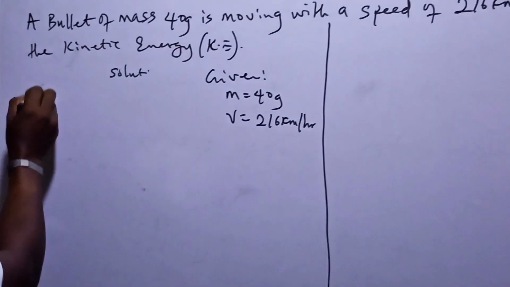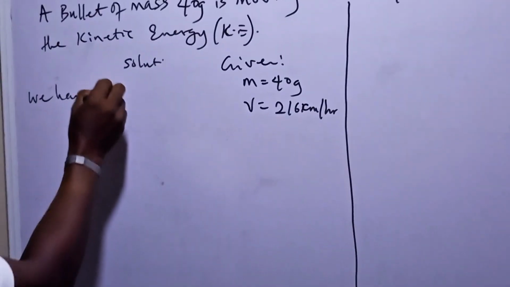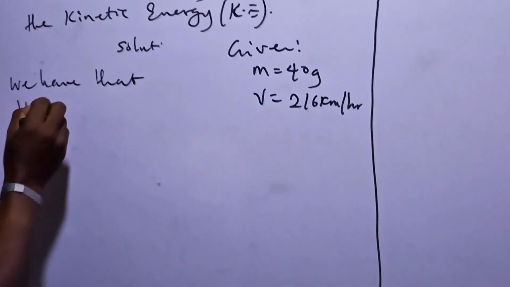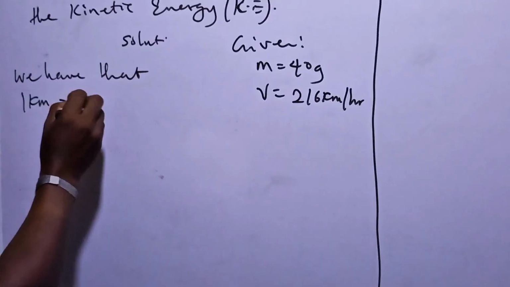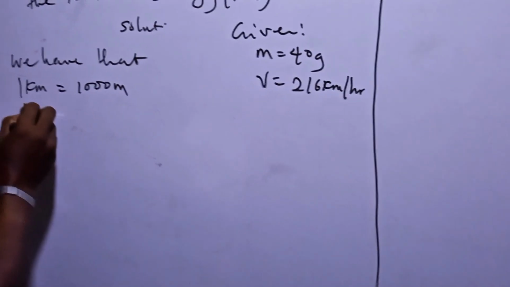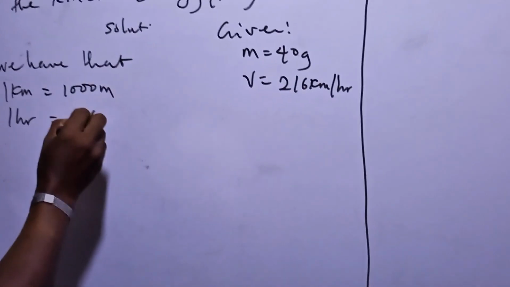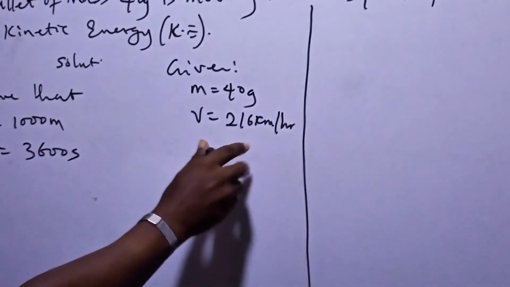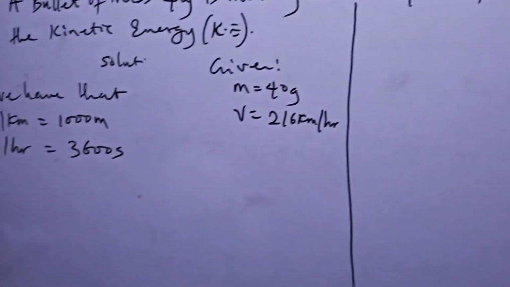Now, we have that 1 kilometer is equal to 1000 meters. We also have that 1 hour is equal to 3600 seconds. We are to reduce this 216 km/h to meters per second.